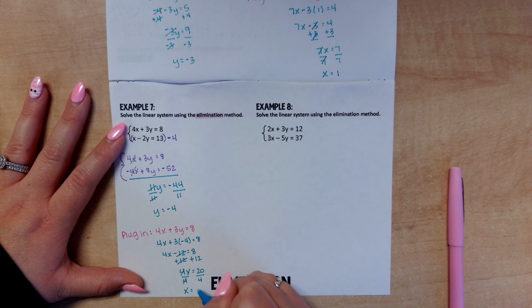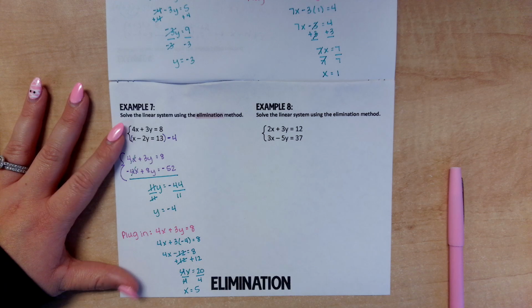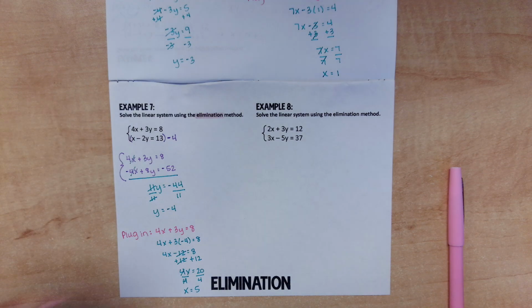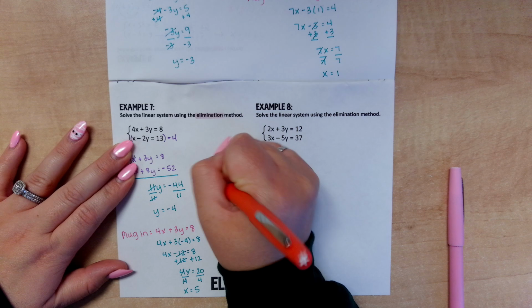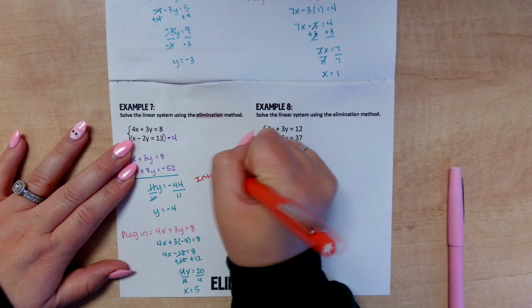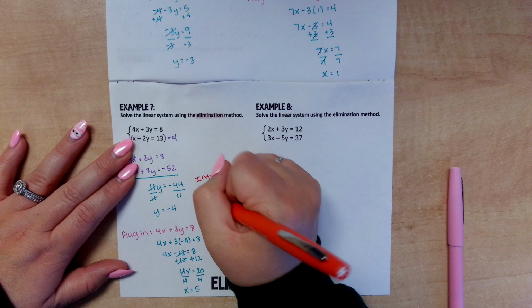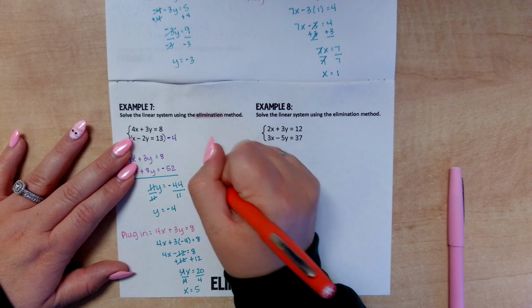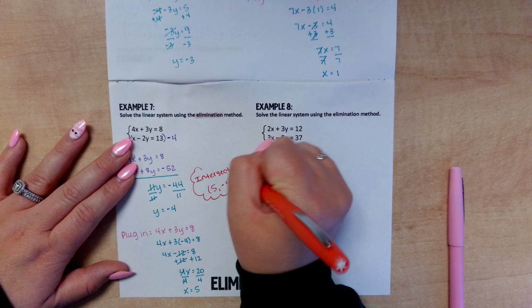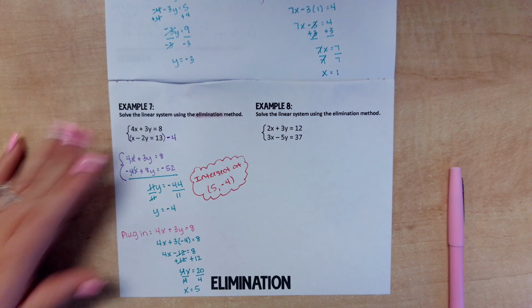X equals 5. Perfect. So now you'll be able to tell me that they intersect at 5, -4. And just like that, you have solved another system.